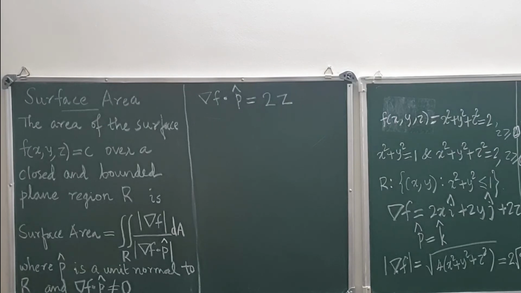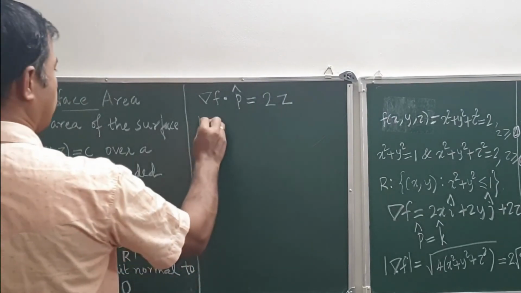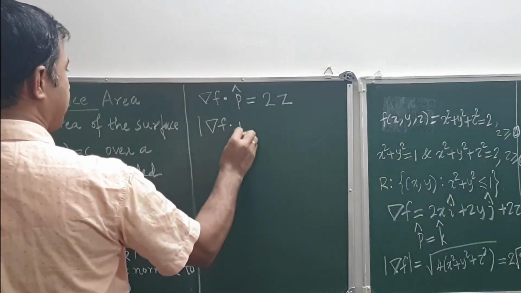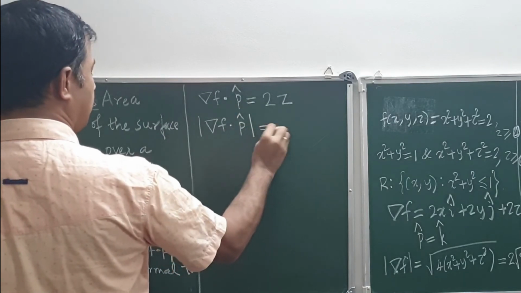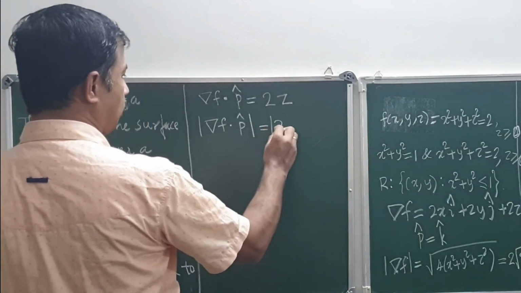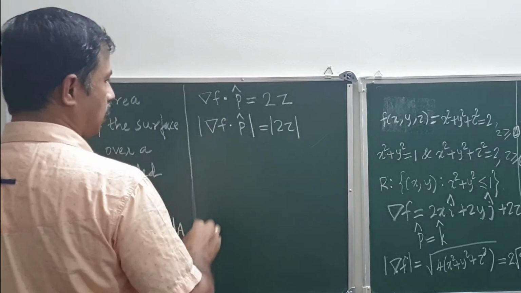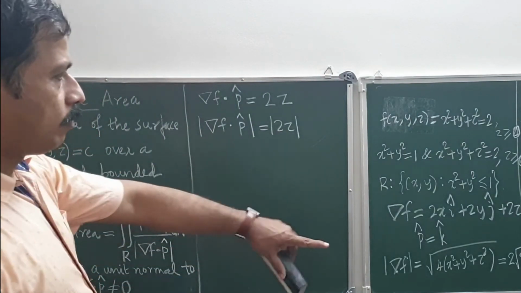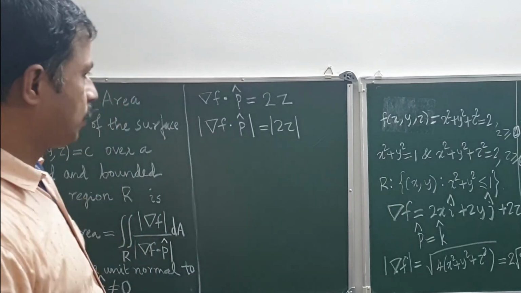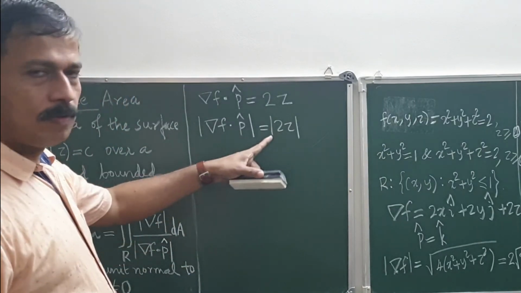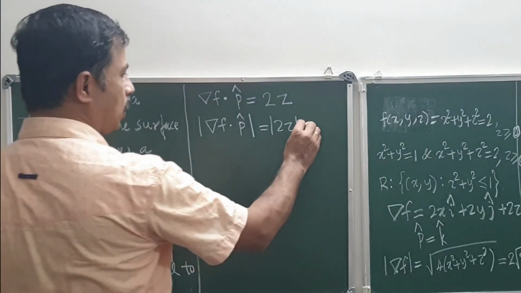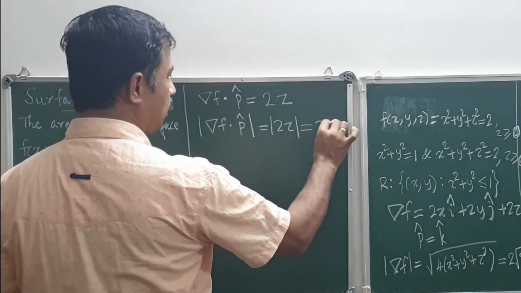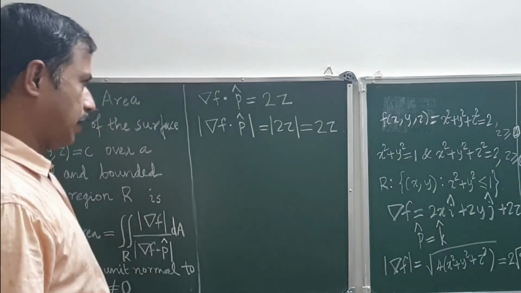Magnitude of grad f dot p is equal to magnitude of 2z. And by assumption our z is greater than or equal to 0. So 2z will be greater than or equal to 0, so the absolute value of 2z will be 2z. We can simply write like that.